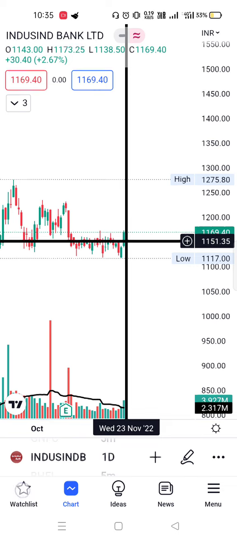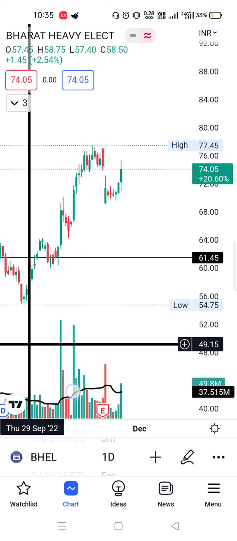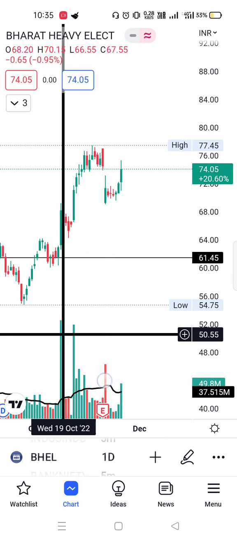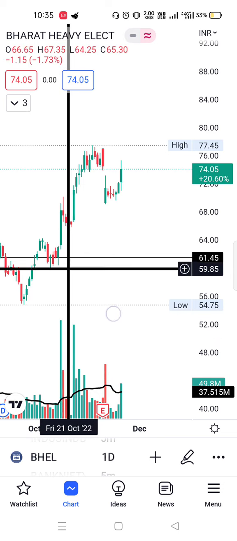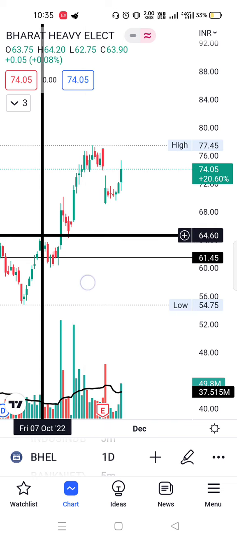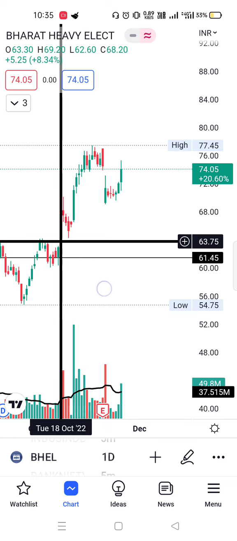Next I need to go for the BHEL. In the case of the BHEL also you can go. Why I am telling you, if you want to take any trade, this volume chart should be greater than the previous day chart, then only you need to take. If it is not greater, it is not advisable. It is in a consolidation zone. See how it happened. It broke the resistance from 63. It went to a maximum of 76. 10 rupees was increased.